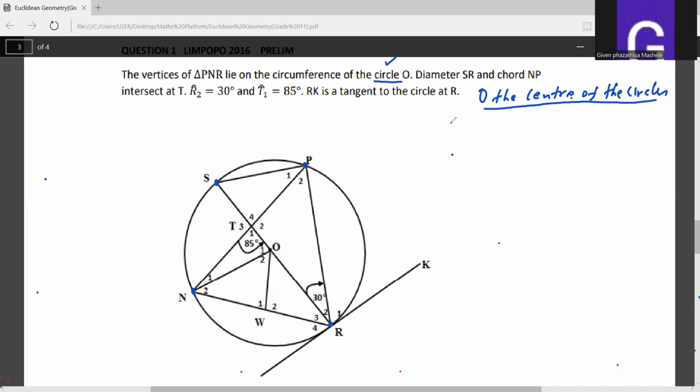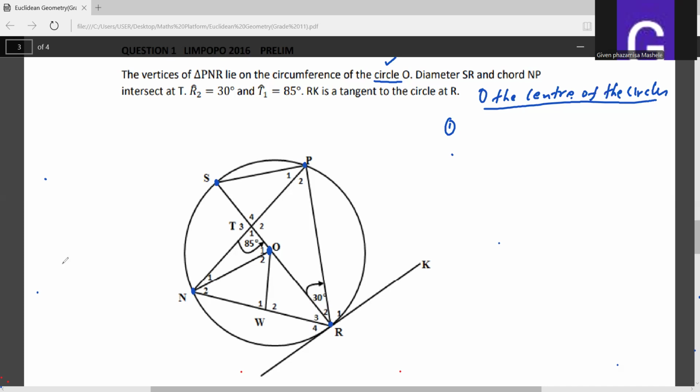Number one, radii. You must look for radii. Why radii? Radii can lead you to an isosceles triangle. Remember, a radius is a line that moves from the center of the circle to the circumference.